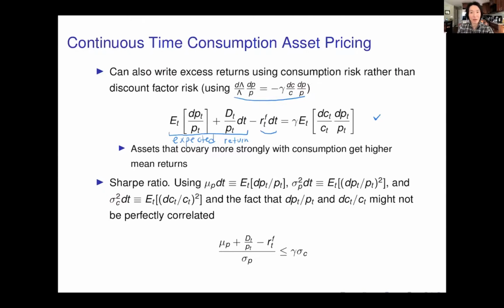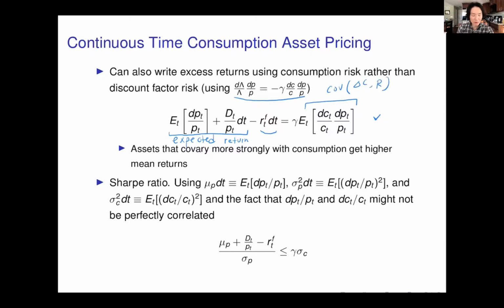On the right-hand side, what you have is the risk aversion coefficient times this term here, which measures the covariance of the stock return with respect to the consumption growth. So this is the covariance between consumption growth and return.